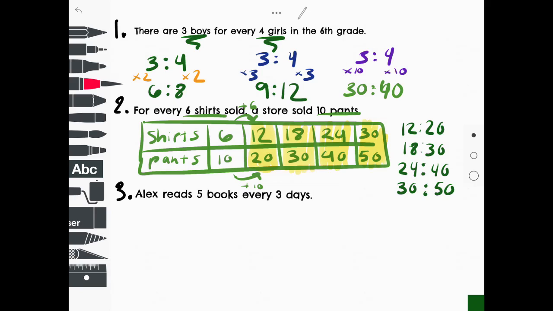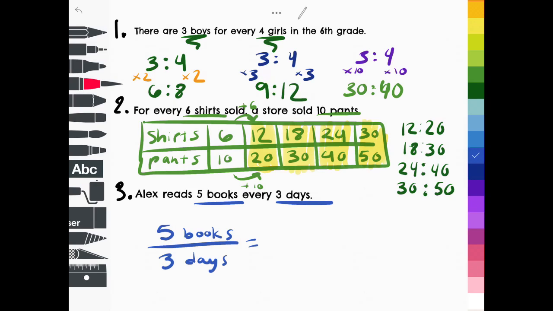The last way that you can write equivalent ratios is as fractions. So for example, for this last problem, it says Alex reads 5 books every 3 days. So 5 books, 3 days, writing it as a fraction. And then from there, you can use your past knowledge to create equivalent fractions or equivalent ratios.